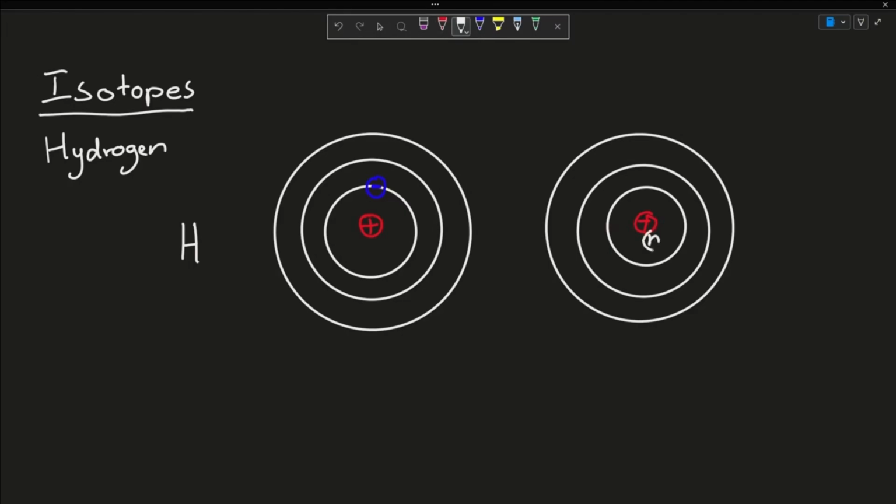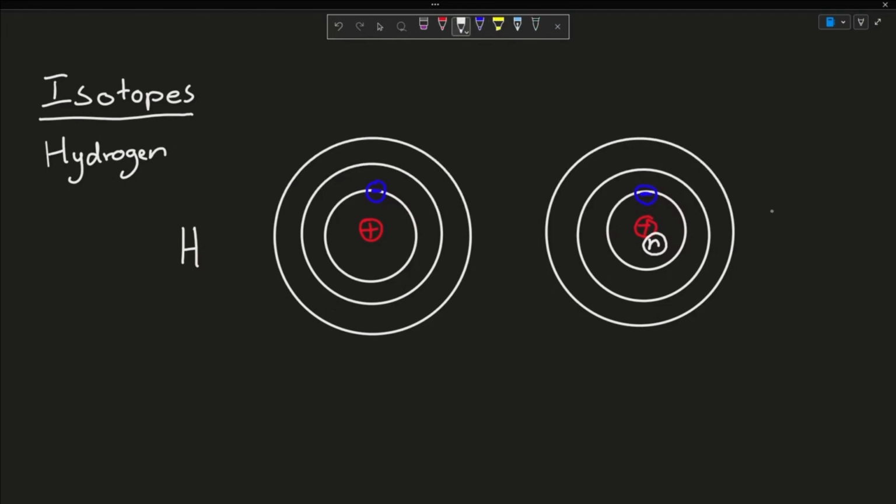Adding this neutron does not disrupt the overall charge of the atom because the neutron holds zero charge, and it also does not change what element the atom is because it's not a proton. So this atom here is also an example of hydrogen, and we would say that this is hydrogen with a 2 up here because there are 2 subatomic particles in the nucleus, one proton and one neutron, and the other hydrogen we have has a 1 because there's only one proton in the nucleus.